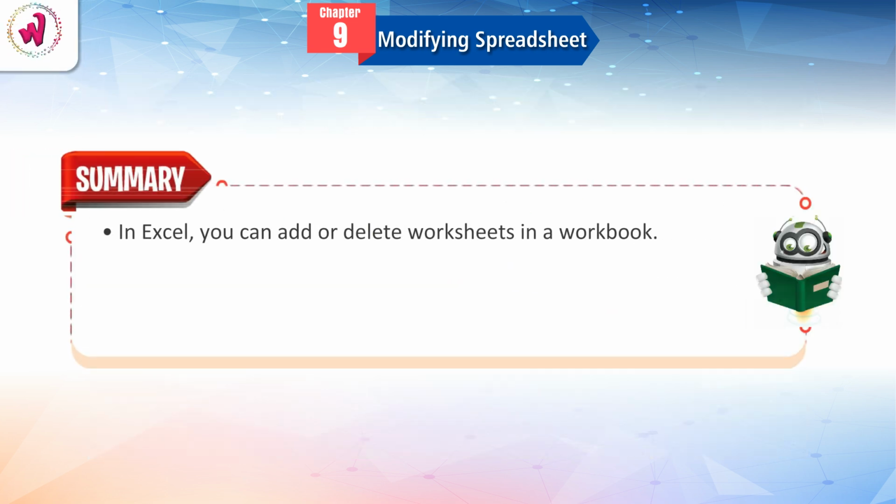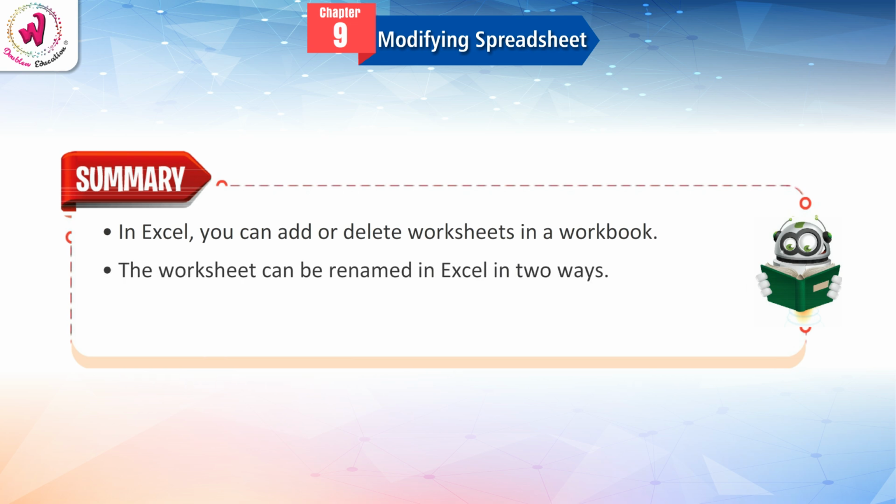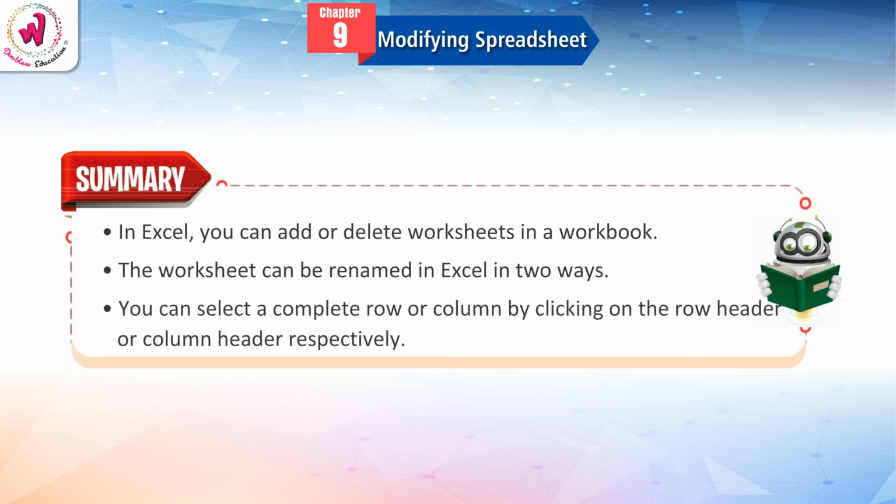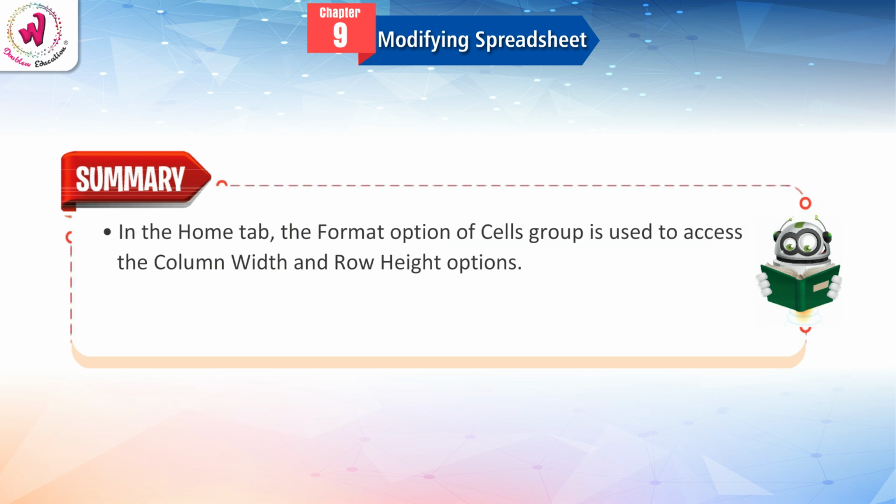Summary. In Excel, you can add or delete worksheets in a workbook. The worksheet can be renamed in Excel in two ways. You can select a complete row or column by clicking on the row header or column header respectively. In the Home tab, the Format option of the Cells group is used to access the column width and row height options.